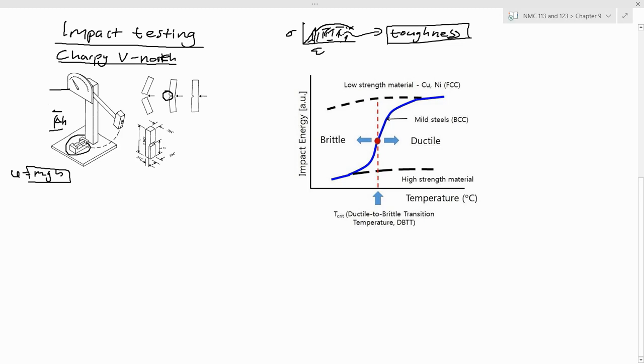But the reason you do this Charpy test is to plot it against temperature, because different materials behave differently under specific temperatures. For example, probably most of you know the movie Titanic, or the actual Titanic, which was the ship. The steel that was used to design the bottom part of the ship was tested under ambient temperatures.